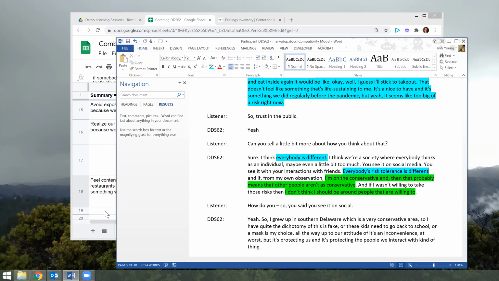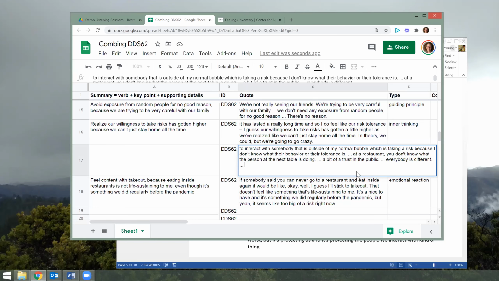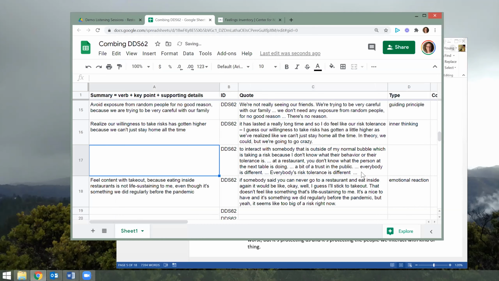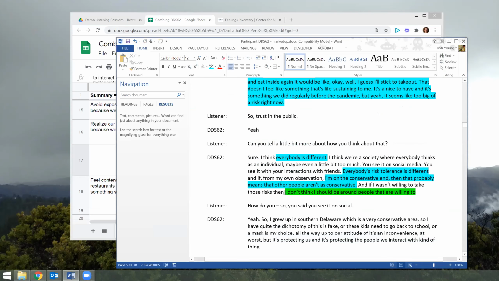And all building that case for like I'm not going out where I don't know what that other person is like. And I think I should be around other people who are willing to. Okay.